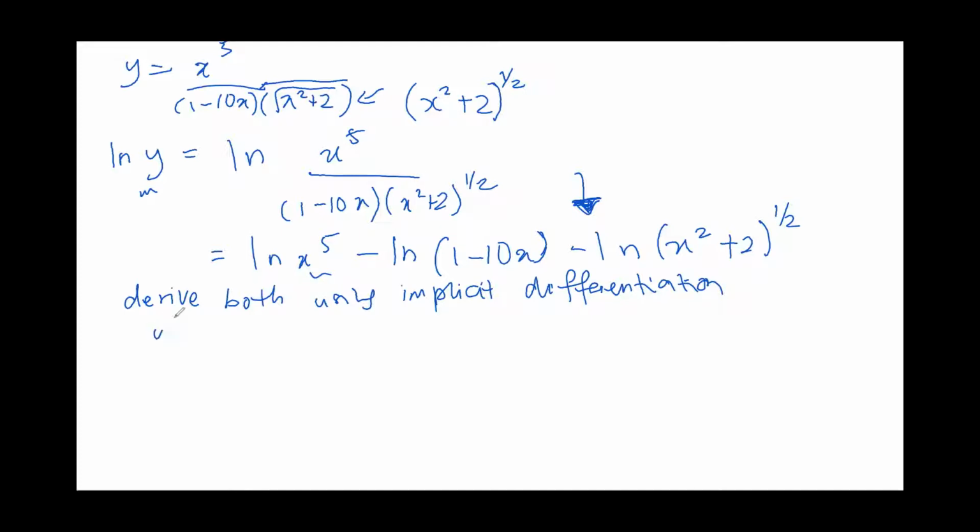So now we have y prime over y, because the differentiation of ln y is 1 over y, so you need to write y prime because it is implicit differentiation. And then 5x to the power of 4 over x to the power of 5, because the derivative of ln x is 1 over x, so for x to the power of 5, the derivative of x to the power of 5 is 5x to the power of 4.